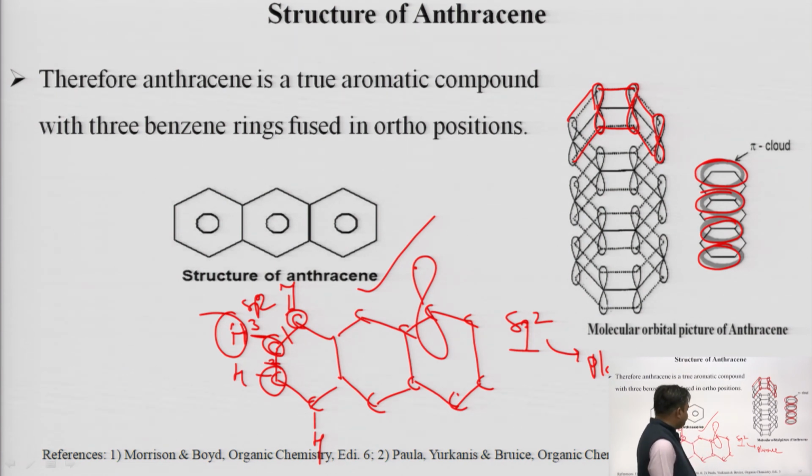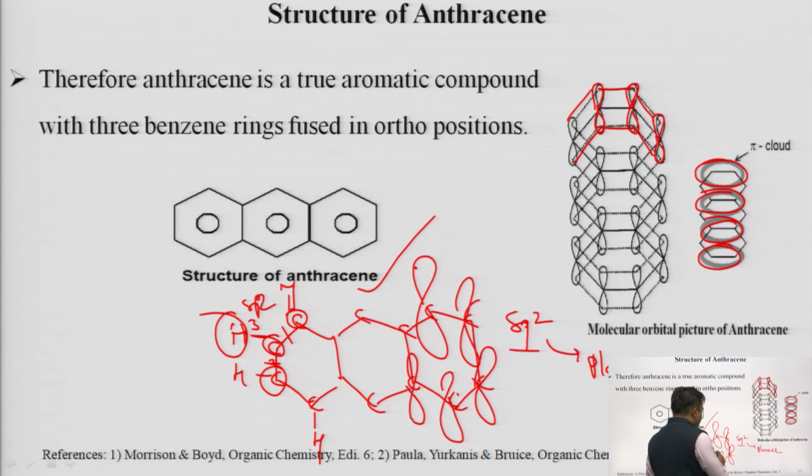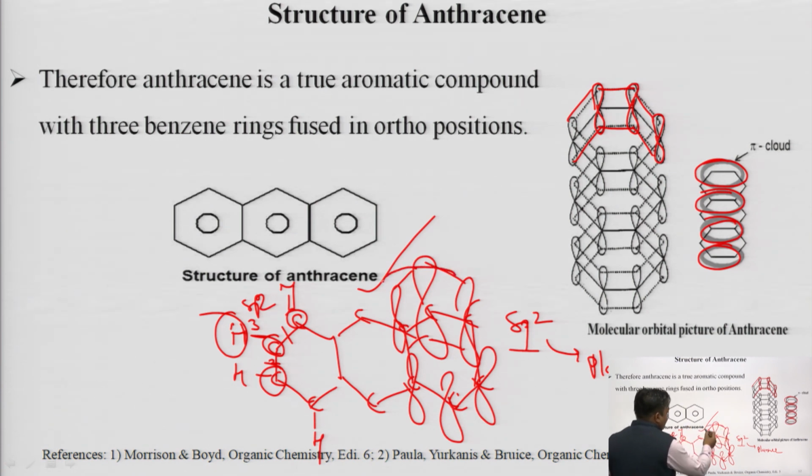All the carbons are having the same. And what's happening after that is these unhybridized p orbitals overlap laterally with each other, and because of that, an electron cloud is formed above and below the plane of the benzene ring.